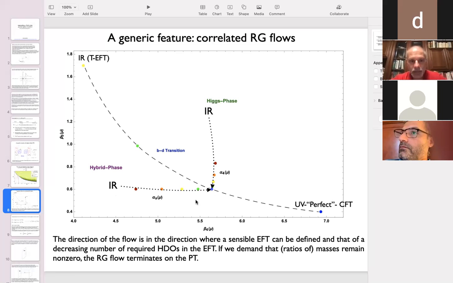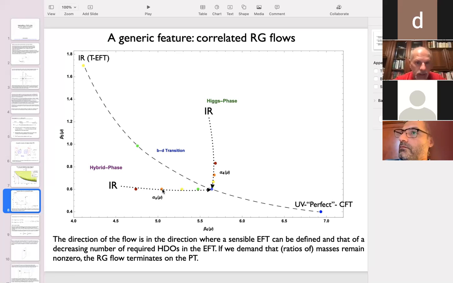This means that if there are these two RG flow lines, they have to span the same values of the regulating scale because they belong to the same lattice. So this means, in particular, for example, that this red point corresponds to the value of a cutoff which is the same as the value that corresponds to this red point.